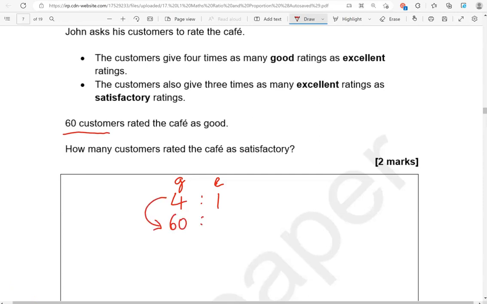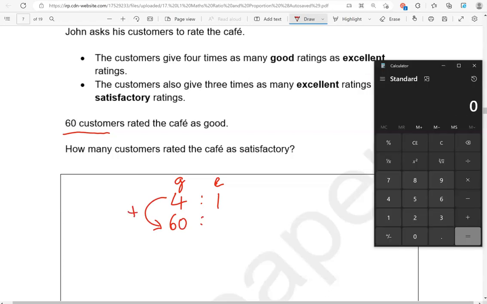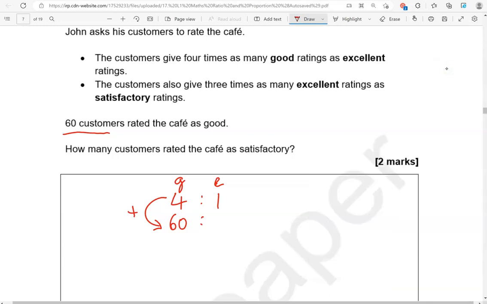What do we multiply 4 by to get 60? So we'll do 60 divided by 4, which is 15. So 4 times 15 gives us 60, so we'll do the same here. 1 times 15 is 15.